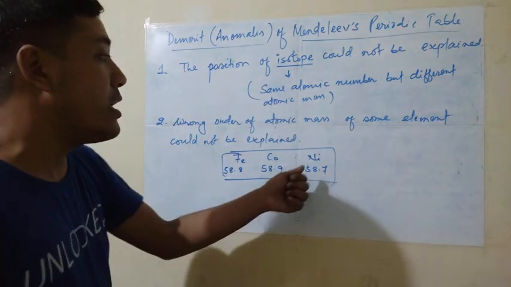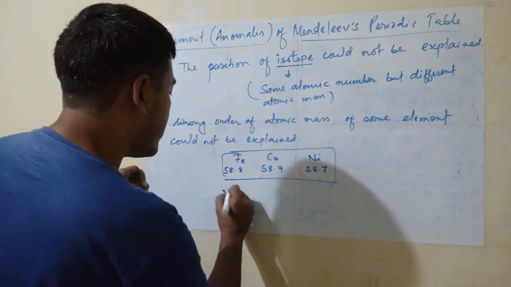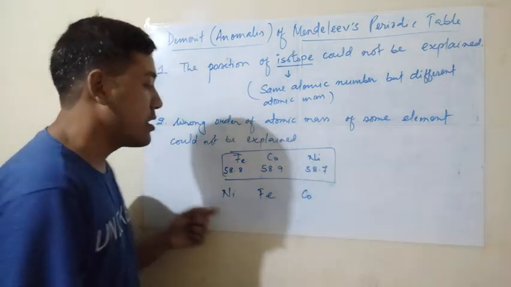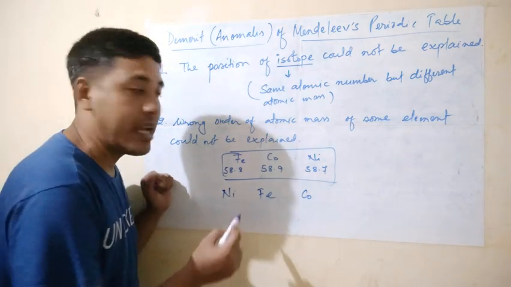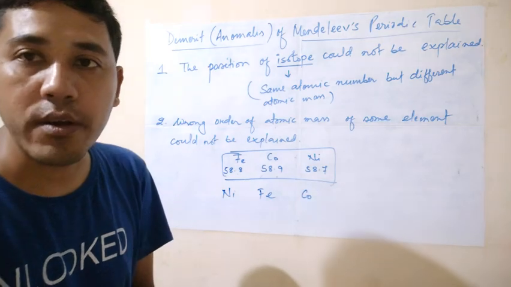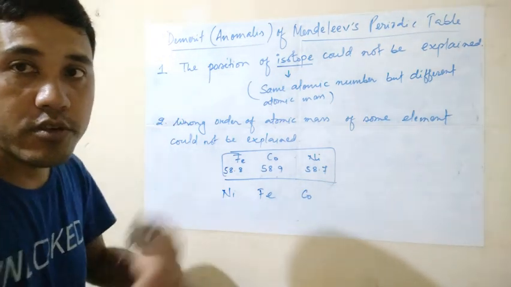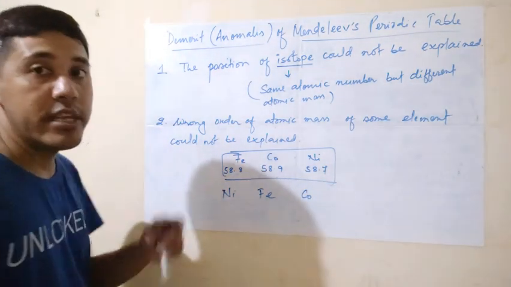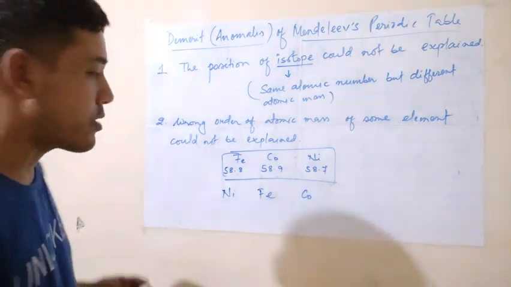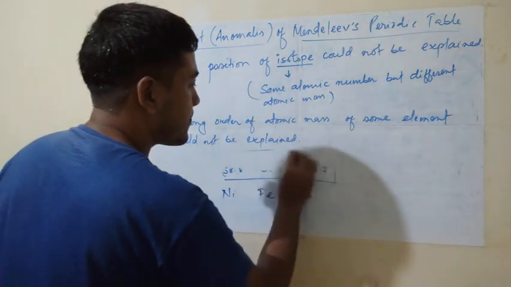According to him, it should be first nickel, next iron, next cobalt, but he has put iron, cobalt, and nickel. This is one of the mistakes. Take out your textbook and see group number 8, period 4.